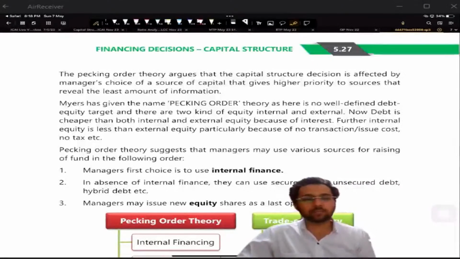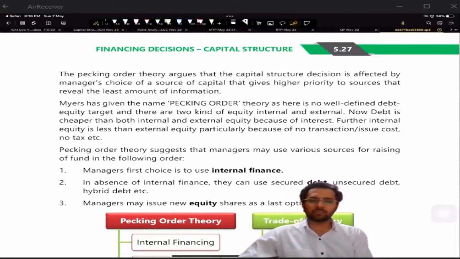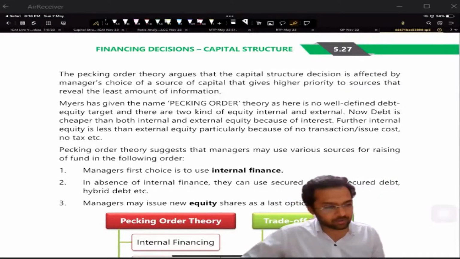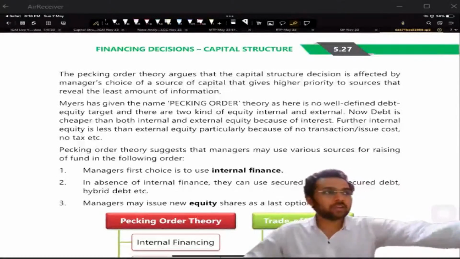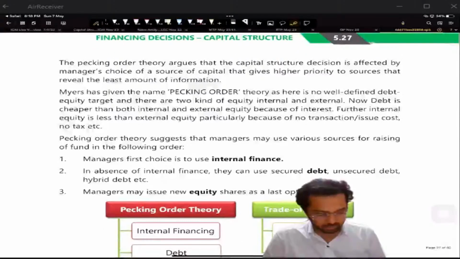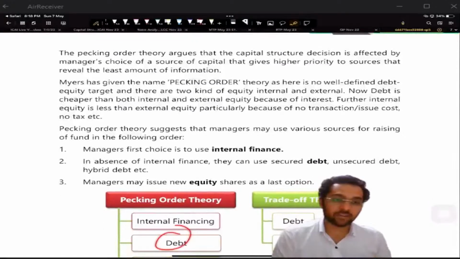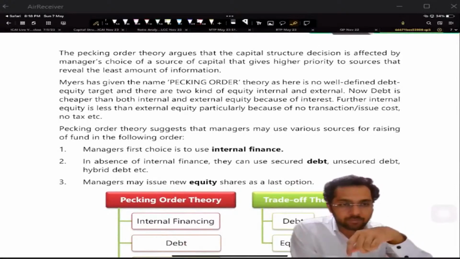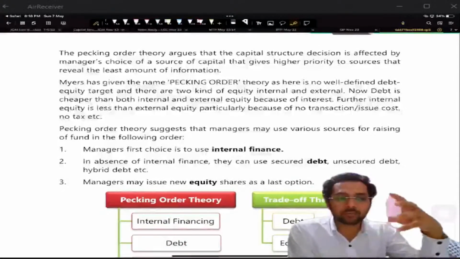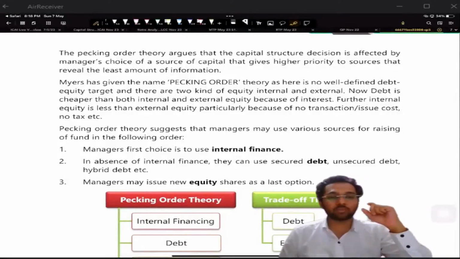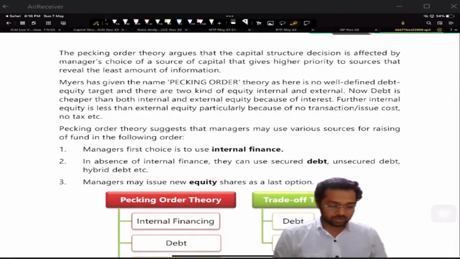Internal sources means reserves and surplus, past profits. If past profits are insufficient, then you will go for debt financing, because debt financing is seen as an indicator that the company is sure of obtaining some amount of cash flows from the project, and that's where the company is going to issue debt.